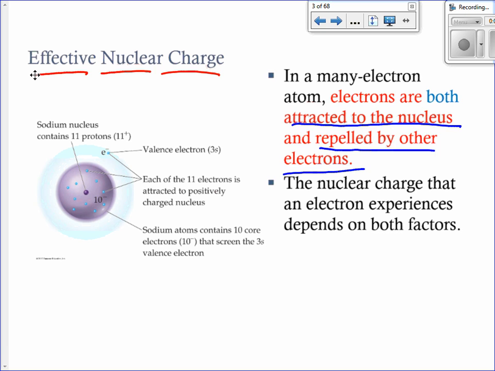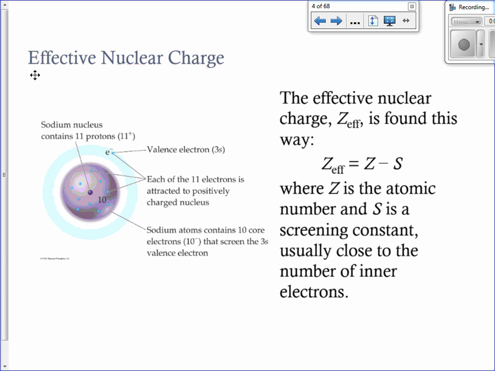Effective nuclear charge is calculated using a formula. Z effective, the effective nuclear charge, is Z minus S. The Z value is the atomic number, or basically the proton number. Now, the S is the screening constant, which takes into account the electron repulsions, the electrons that are doing some of the repelling.